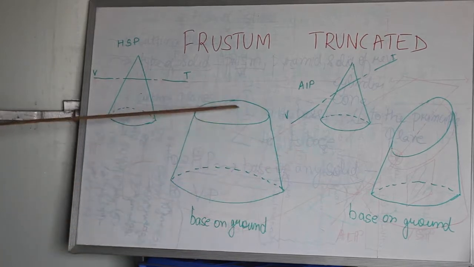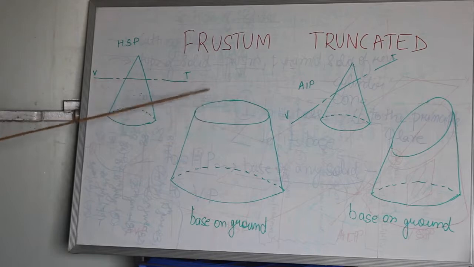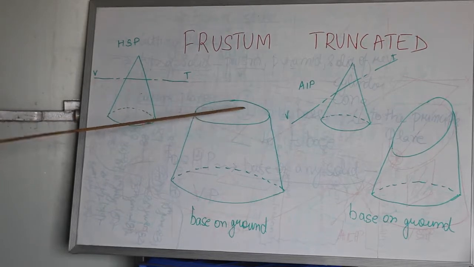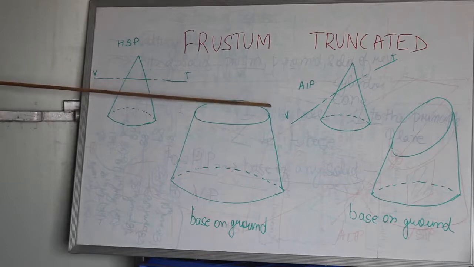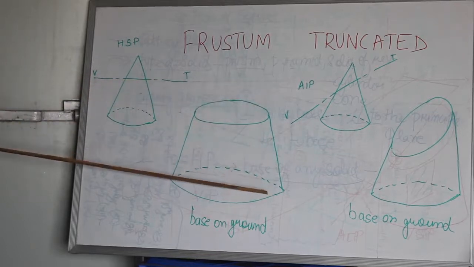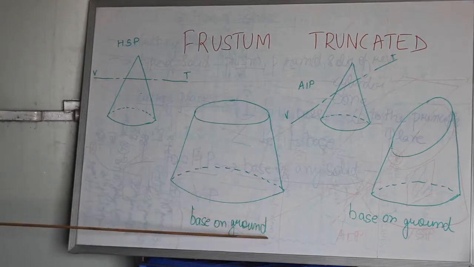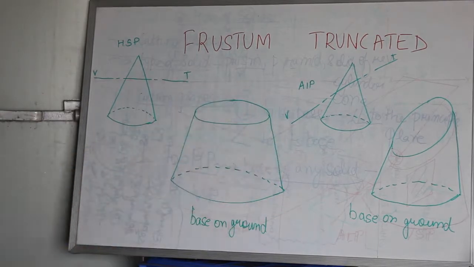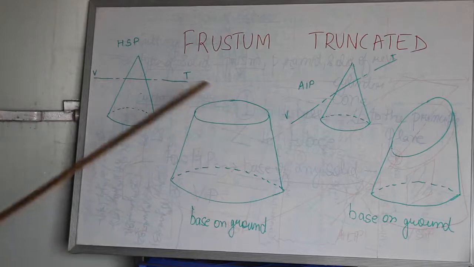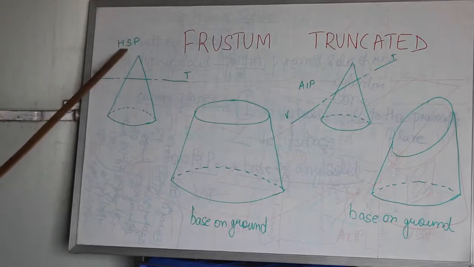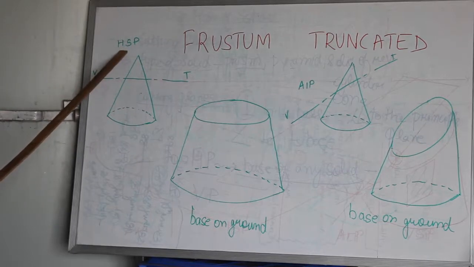So a frustum is a section generated on the cone which is parallel to the base of the solid. The condition should be that the base should be resting on the ground, or resting on the horizontal plane, which is HP. This VT is the representation of the horizontal section plane.